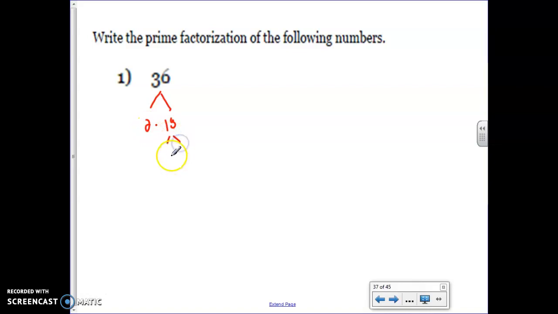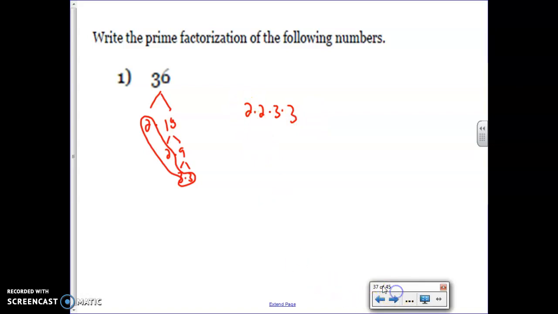But now we want to break down 18, which is 2 times 9. 2's prime, but 9 is not. So what do I break that down to be? I break it down to be 3 times 3. So I list all of my prime factors. That gets me 2 times 2 times 3 times 3 is the prime factorization of 36.